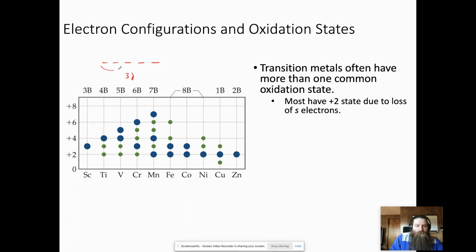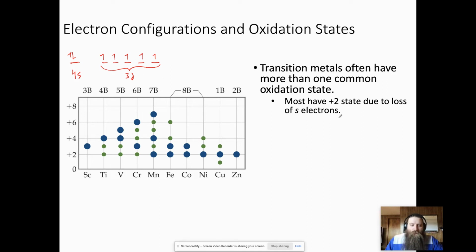So here's 3D. Here is 4S. So we know coming in that most of these guys are going to have the 4S valence shell full. And then as you start to add your electrons, you get over to manganese, you've got 5 of these unpaired electrons.